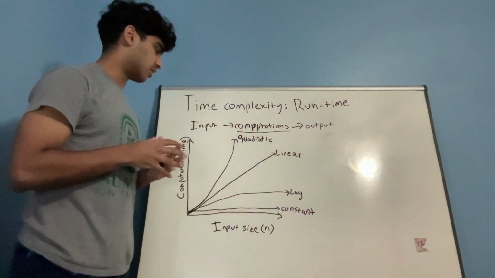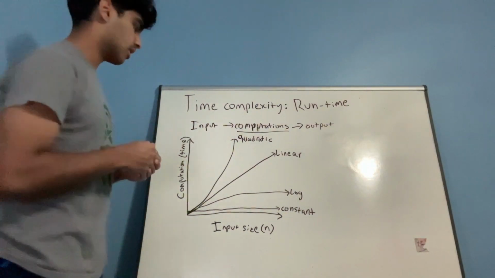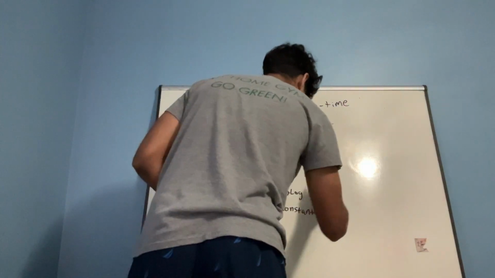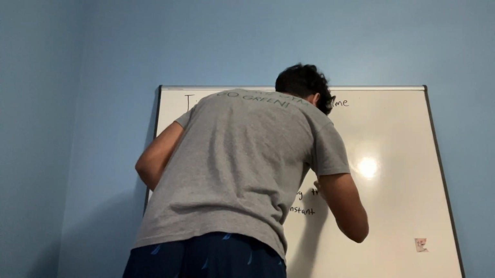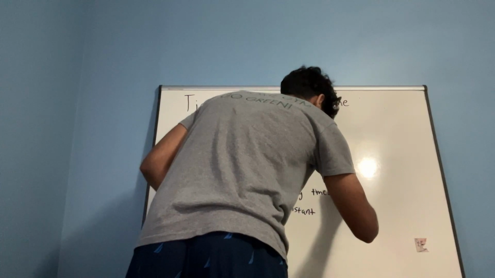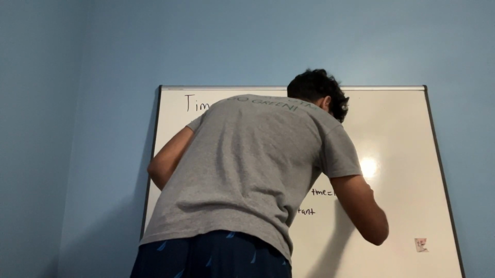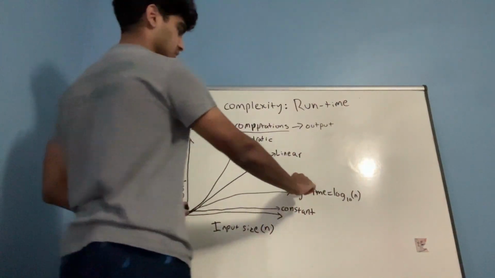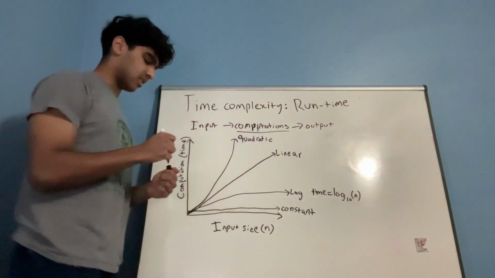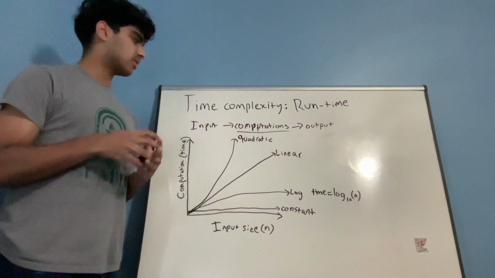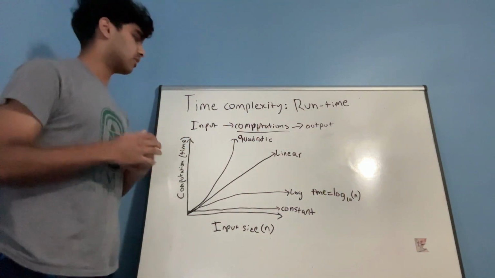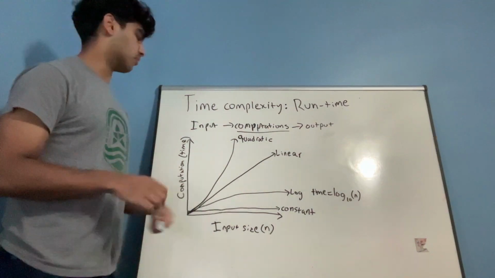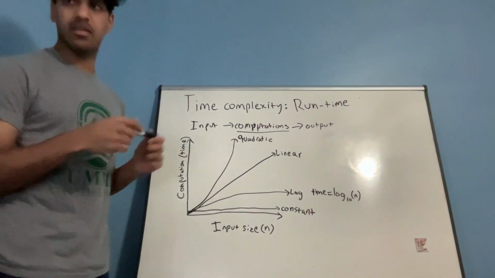And if you remember from math class, log time just means, let's write this, our time equals the log base 10 of n. So that's how much time or how many computations it'll take. And we'll get into examples of all of these in later videos, but right now I just want to show you the different time complexities that our algorithms can have.